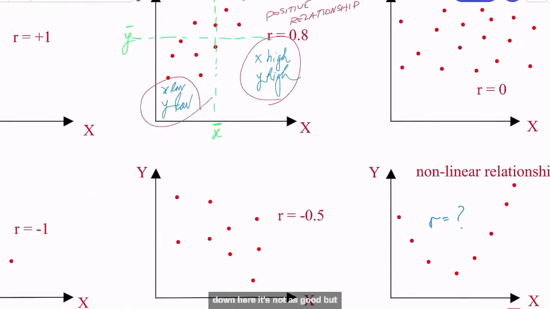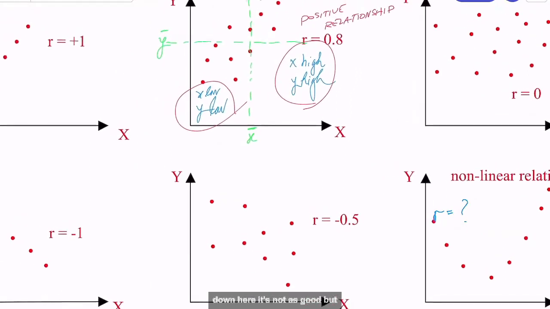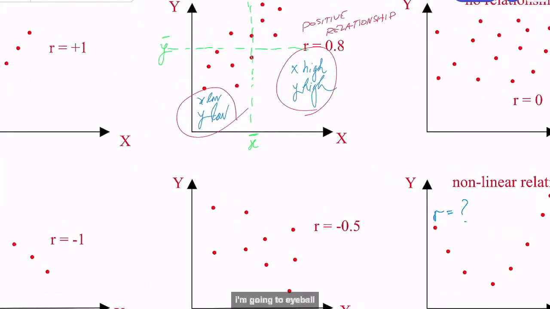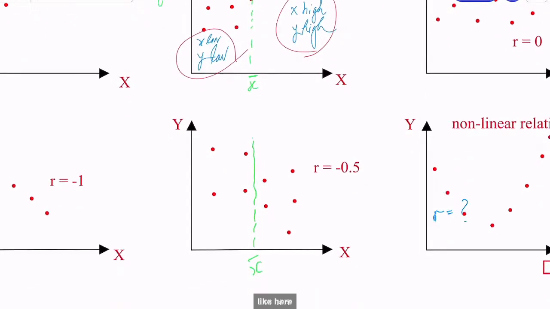Let's try this one down here. It's not as good, but let's try and divide the data in half. So I'm going to eyeball like here. And then y divided in half is like, oops.